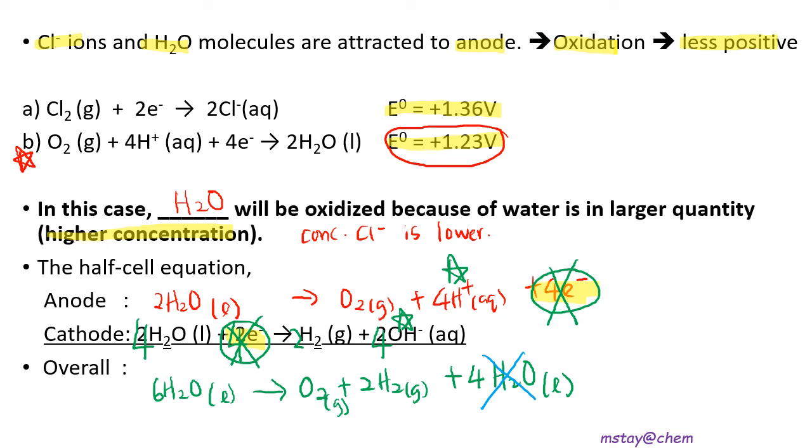So we know that this can be cancelled out, leaving 2 mole of H2O. And then it will be balanced to produce 1 mole of oxygen gas and 2 mole of hydrogen gas. So to make it clearer, the overall equation is 2 mole of water going to produce 1 mole of oxygen gas and 2 mole of hydrogen gas.